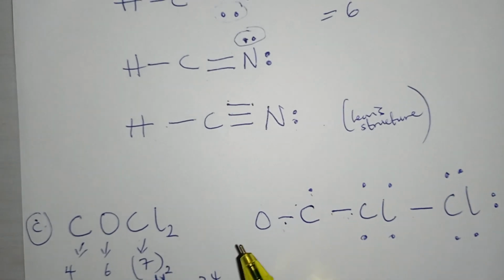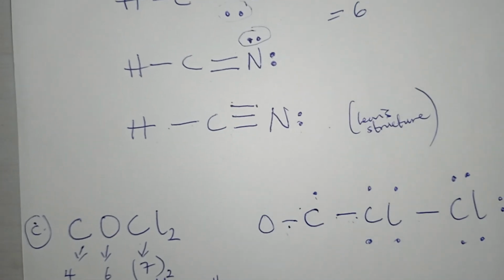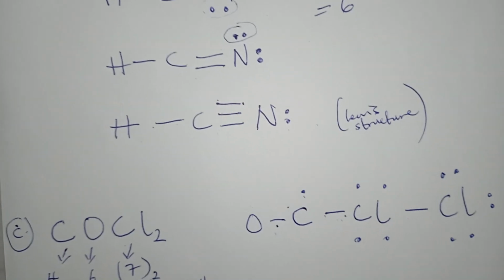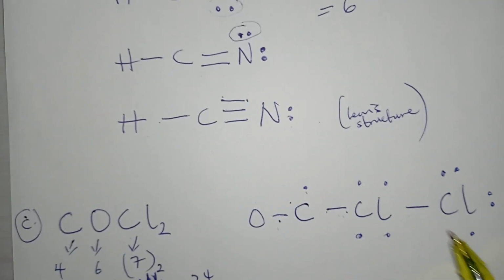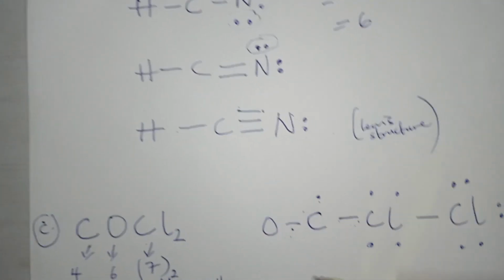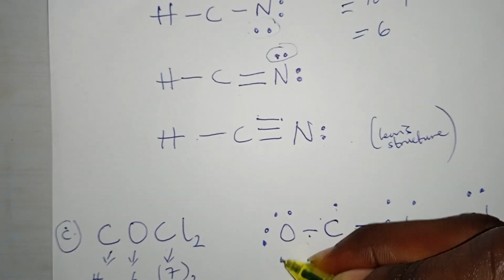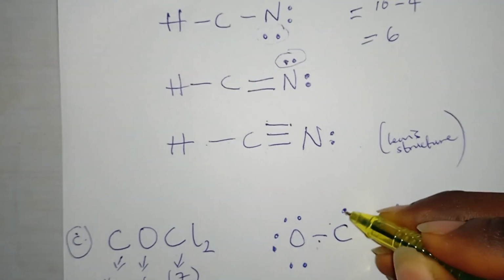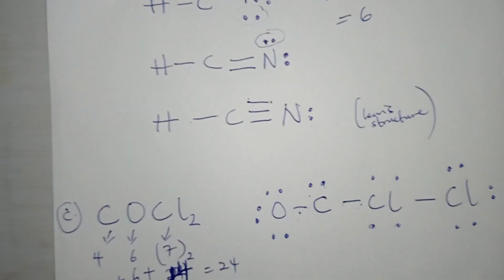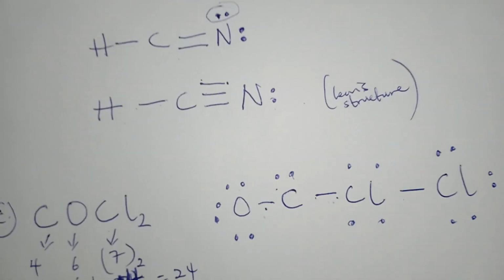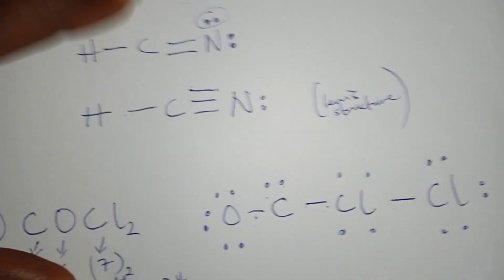So you don't go to it until you give electrons to the right terminal and the left terminal first. So I have 6 7 8 9 10 11 12 13 14 15 16 17 18. So we've been able to distribute these electrons.